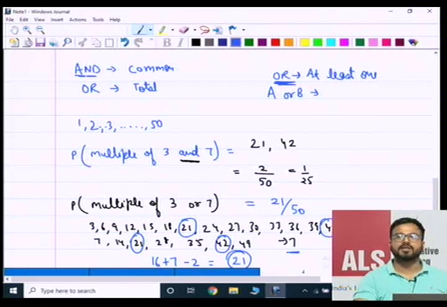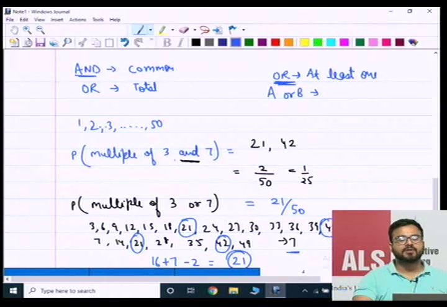You can say common region. So multiple of 3 and 7 means it should be a multiple of 3 and 7 both at a time. Like if we pick 6, 6 is a multiple of 3, but 6 is not a multiple of 7, so we can't include 6.